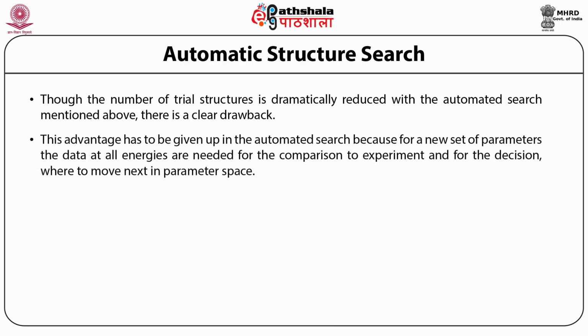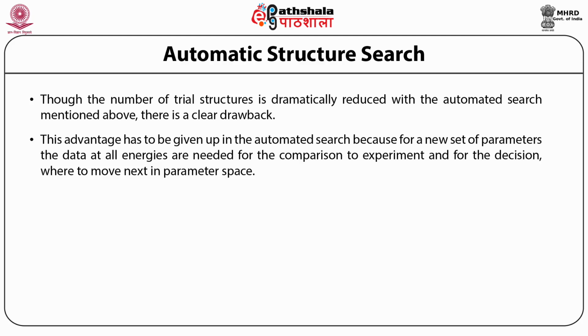This advantage has to be given up in the automated search because for a new set of parameters the data at all energies are needed for the comparison to experiment and for the decision where to move next in parameter space.